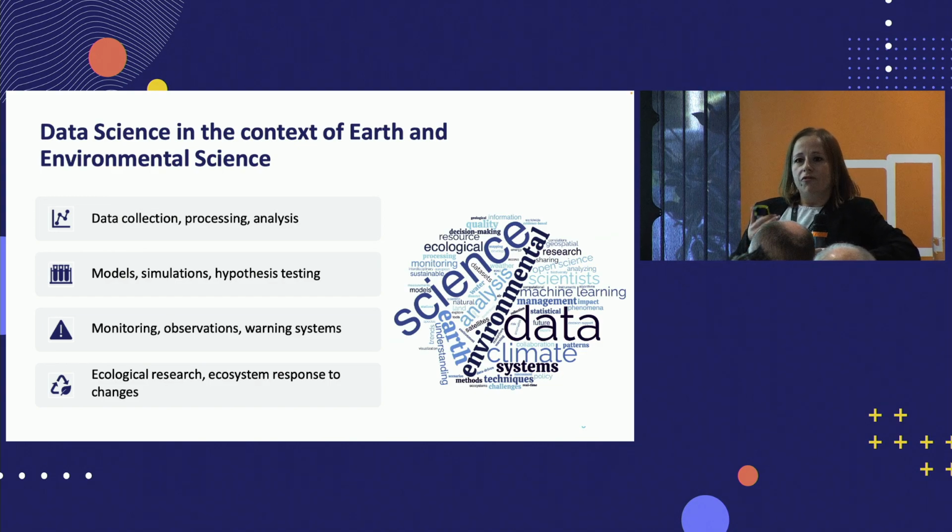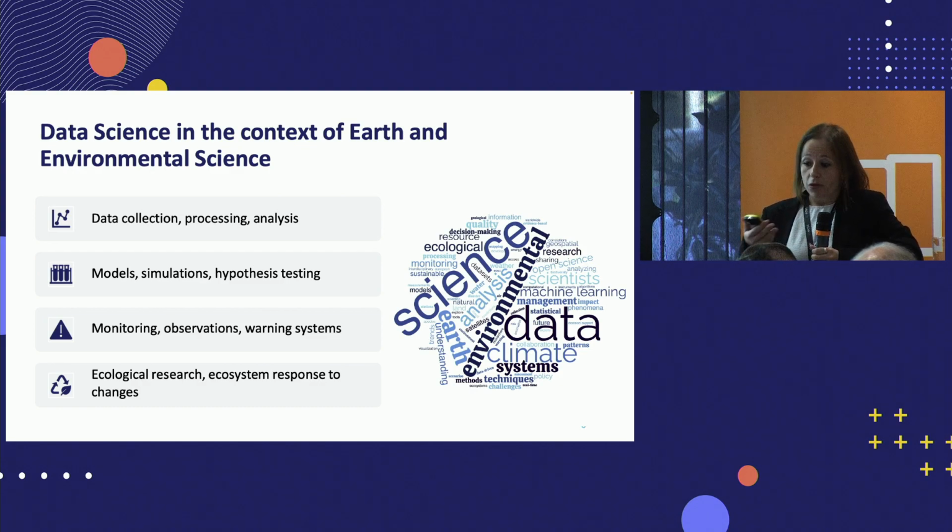To understand the motivation for this project, we have to think how data science empowers scientists in earth and environmental science, but also policymakers, to make well-informed decisions, to observe and understand nature, and to study the results of human activities on the climate and the environment. So data science in this context involves a spectrum of activities.